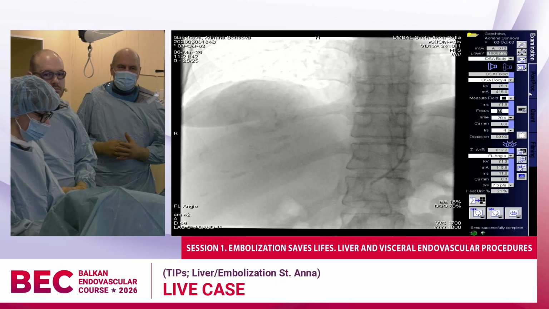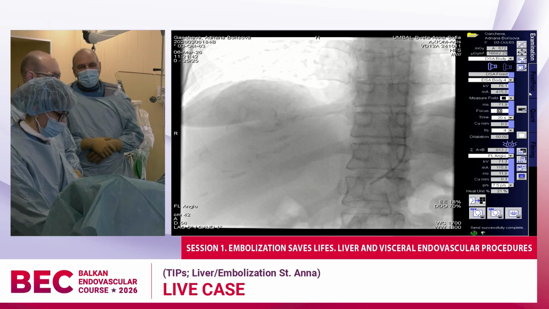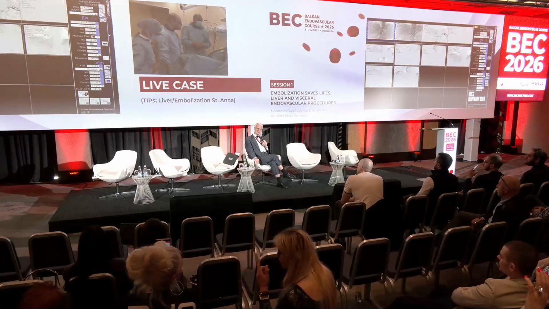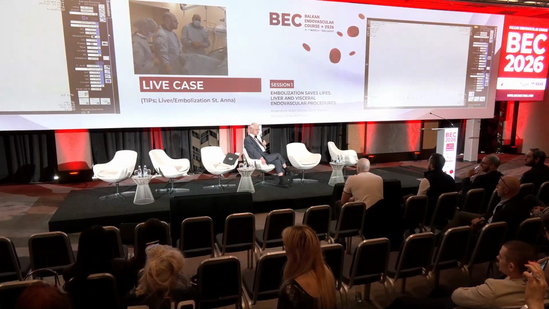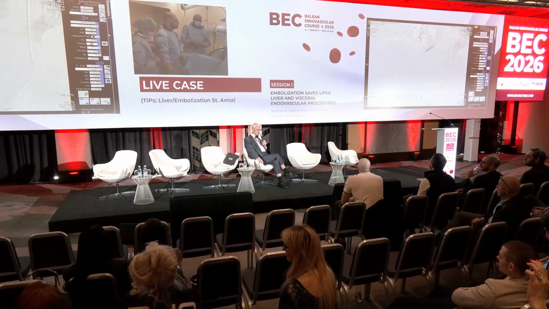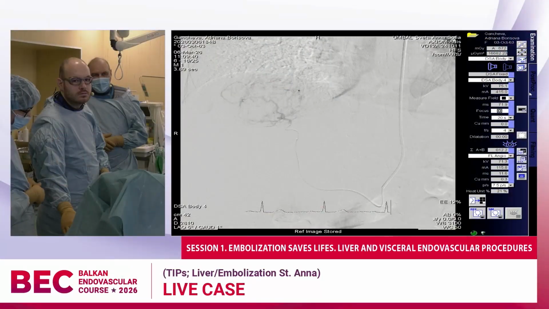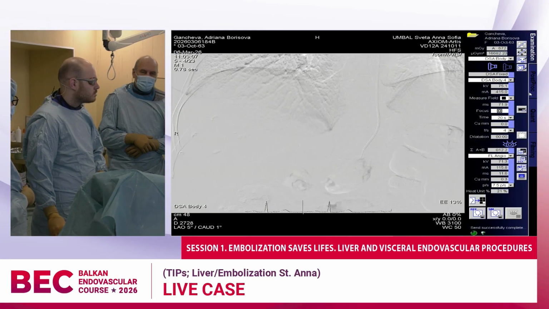We will have some degree, but usually it's not very severe, so most of the time the patient goes home the next day. Yes, perhaps you should have a CT control of the abdomen the next day. We should do some CT, but we'll wait a few weeks and then we'll do it, not tomorrow.